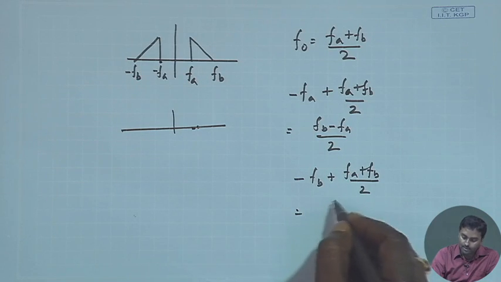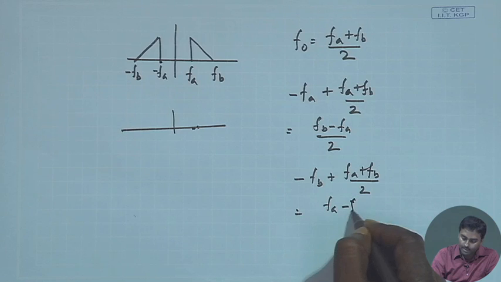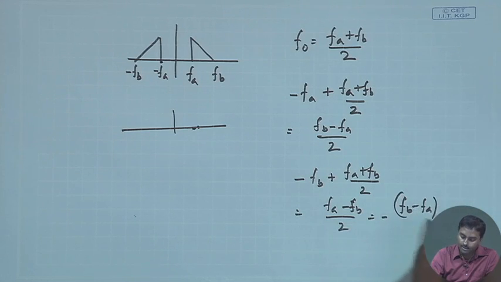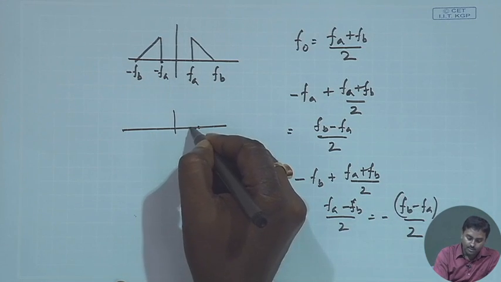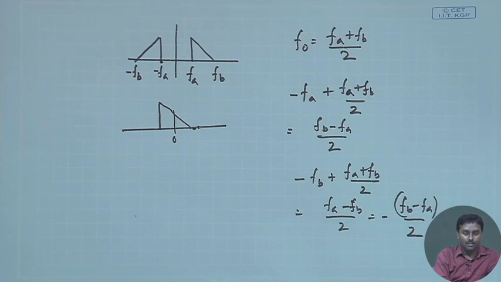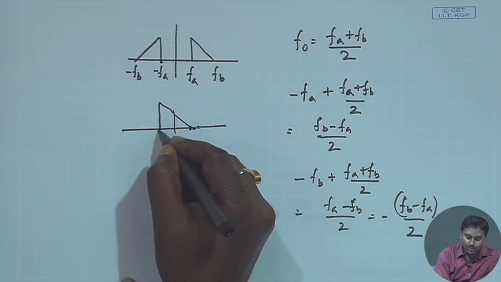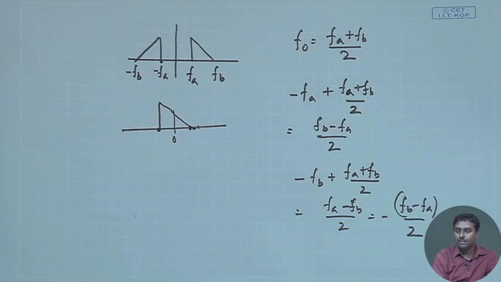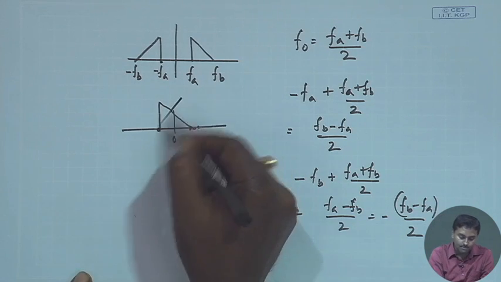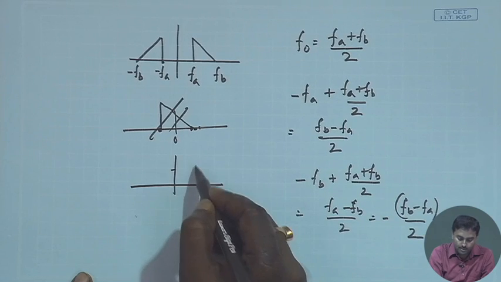That is actually (FA minus FB) divided by 2, or nothing but minus of (FB minus FA) divided by 2, because FB is always greater than FA, right. So, it just gets centered at 0, and this will be your new frequency. Okay. The spectrum looks similar. So, only, sorry, I have done it in a wrong way.